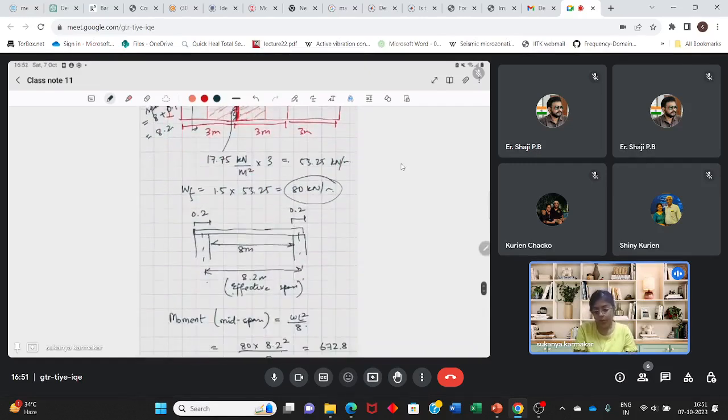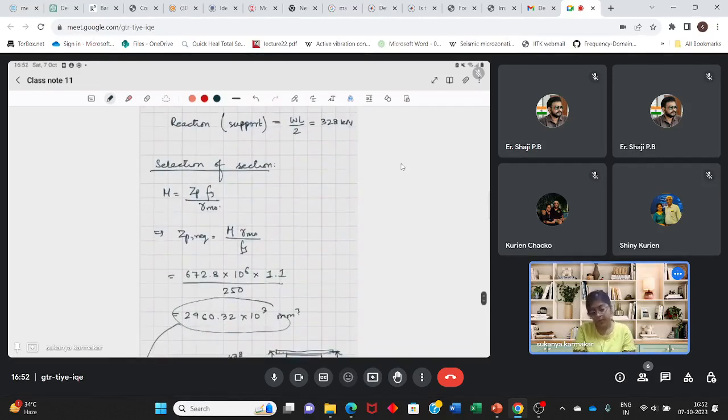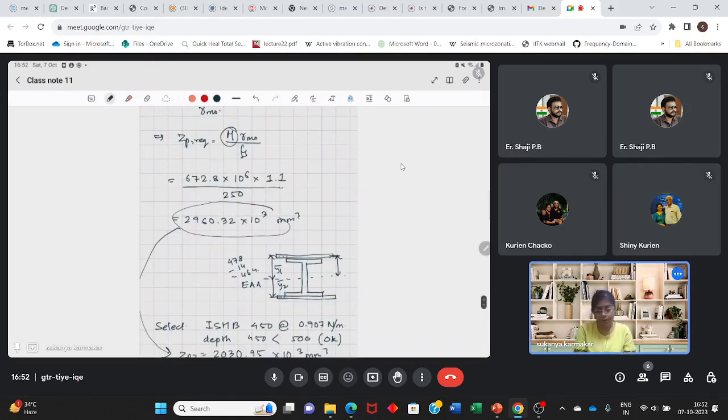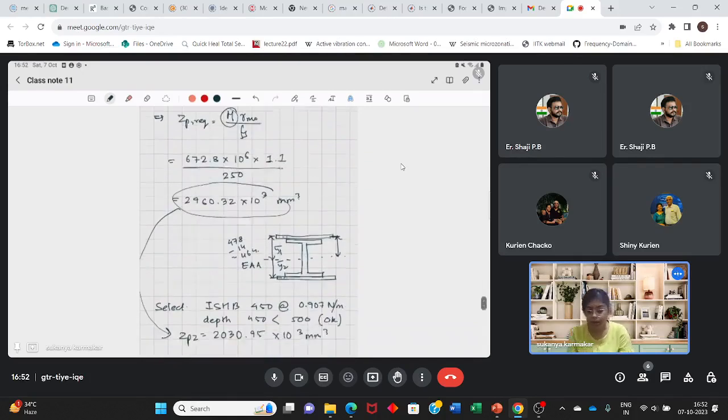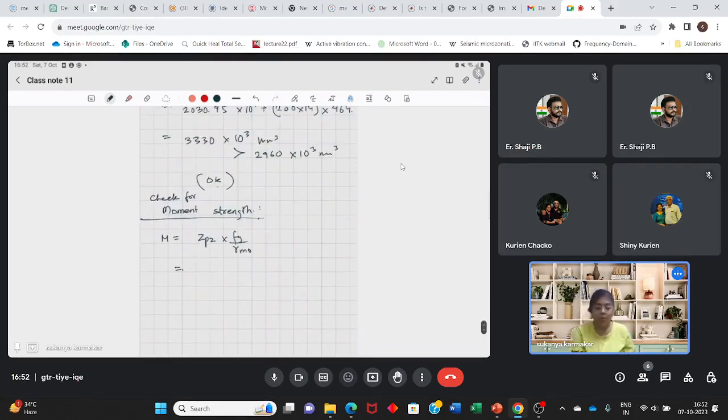Based on the load, you calculated the moment, and depending upon the moment, you calculate the required plastic section modulus, and you're satisfying it. So the moment is being satisfied. So there is no point in checking for the moment strength. Right. So let's check for deflection.